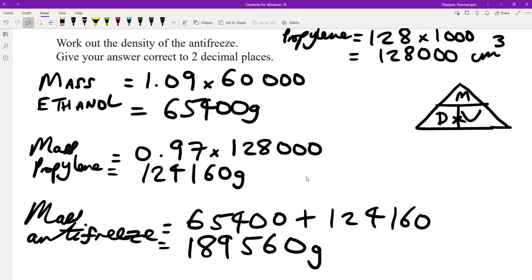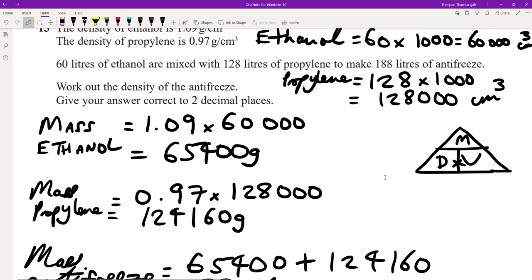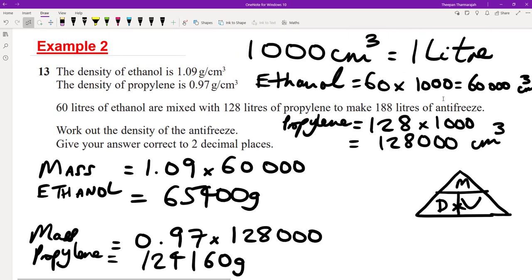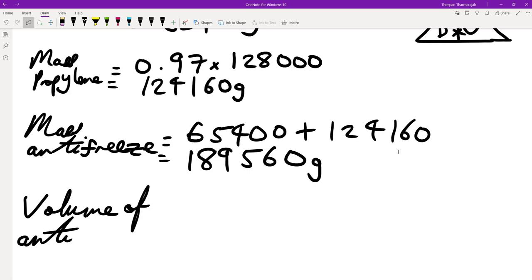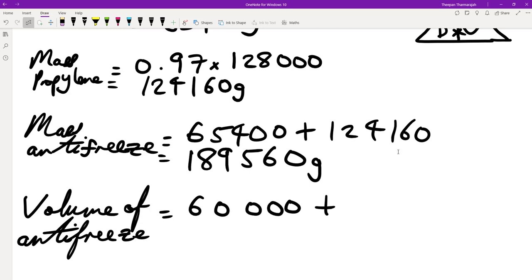That's the mass. And now we want to find the total volume. So that's going to be 60,000 plus 128,000. So the volume of the antifreeze is going to be 60,000 plus 128,000.